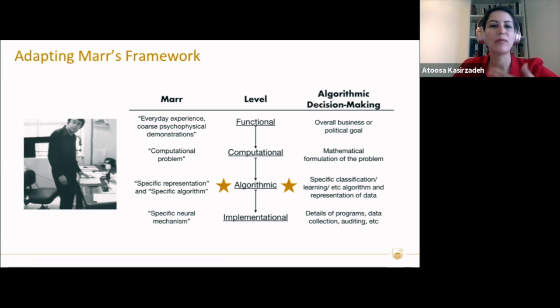Whereas if you want to make further improvements in accuracy, that would require rapidly increasing investment of resources. So this algorithmic level really has to do with all these kinds of details, but also the representation of data. Let's consider the following example.